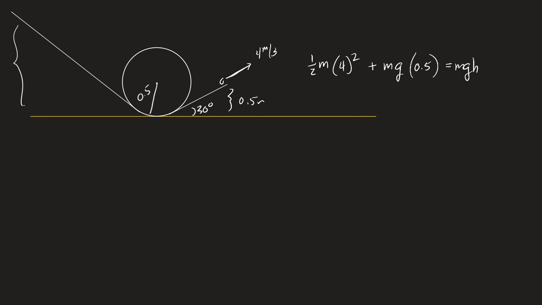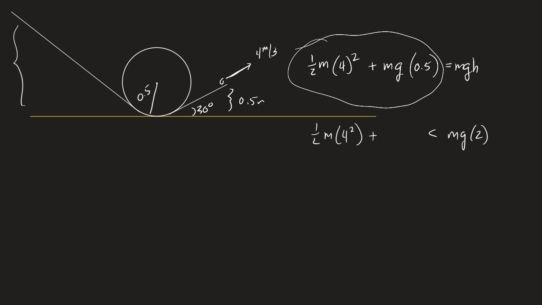Right? They're saying that this is not enough. So the amount of energy I actually have when I get to the end is this amount. But to get there, I have to start at 2 meters above the horizontal, not 1.8 meters. Well, this is going to be greater than 1/2 times m 4 squared plus mg times 0.5.